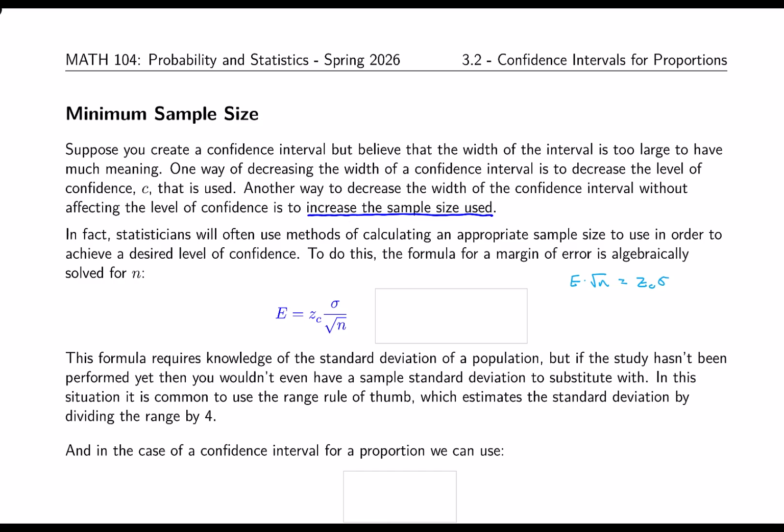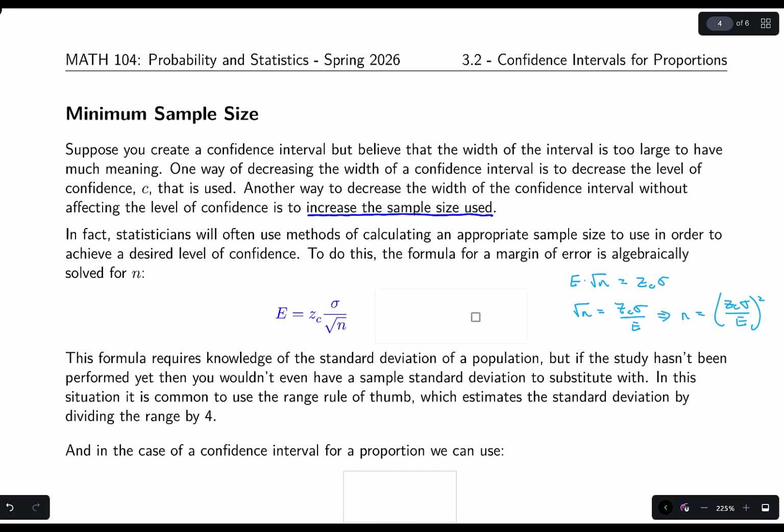Then if you divide both sides by e, you get the square root of n equals z sub c times sigma divided by e. And to get n by itself, you could square both sides and say that n is z sub c, the critical value, times sigma over e altogether squared. And that is the formula that we're looking for.